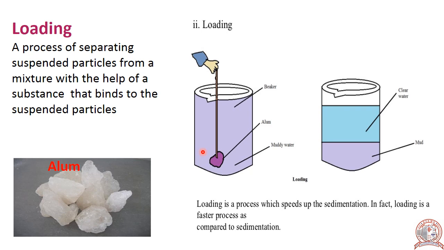Loading can be observed by adding alum to water containing fine soil particles. See the picture of alum here. This is the alum. Alum is available in grocery shops. What is the duty of alum here?